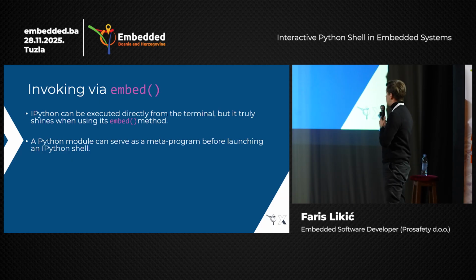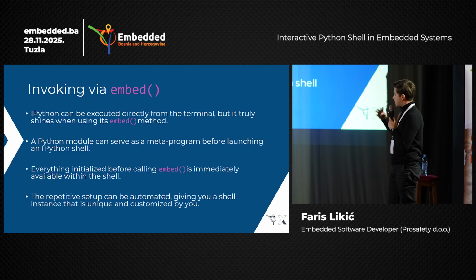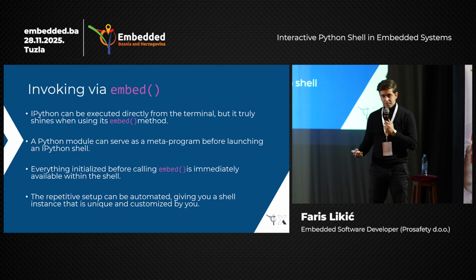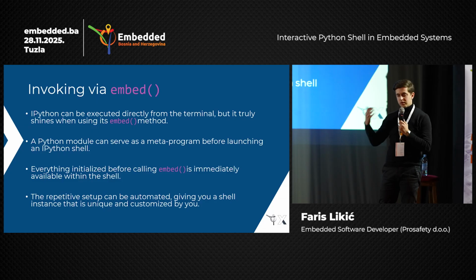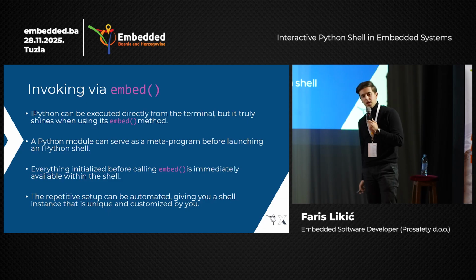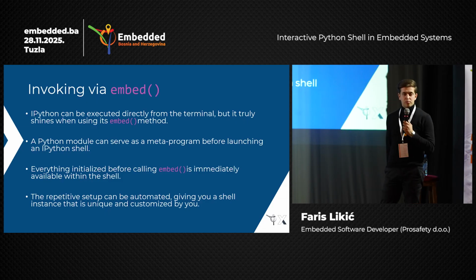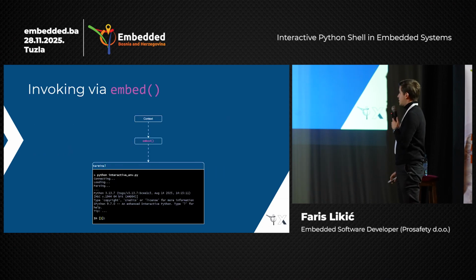But it basically allows us to generate some kind of a setup, and we do not have to repeat it every time. Rather, we type out a script that does that, and we execute this embed command, and then we have all of that setup performed for us, and we get to work with Python interactively at that point.